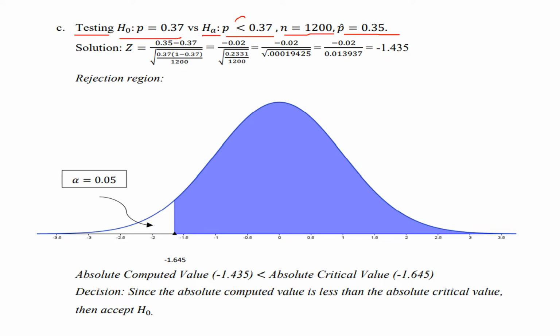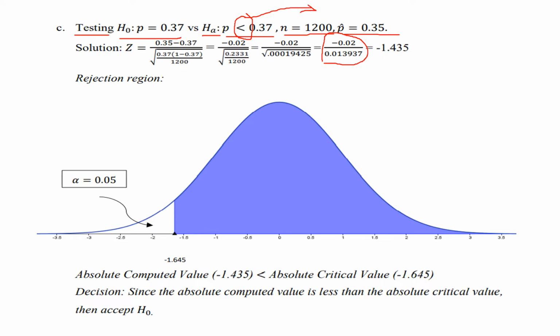As you can see here in your alternative hypothesis, we use the symbol less than. So we just simply substitute the given values to your given formula, then we can arrive at this value. That will be negative 0.02 all over 0.013937. So that will be equal to negative 1.435.